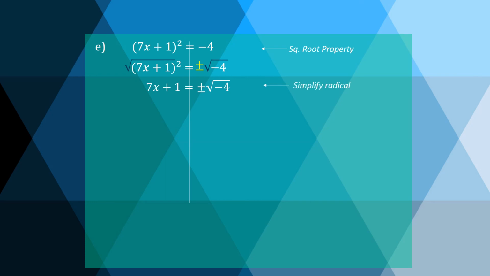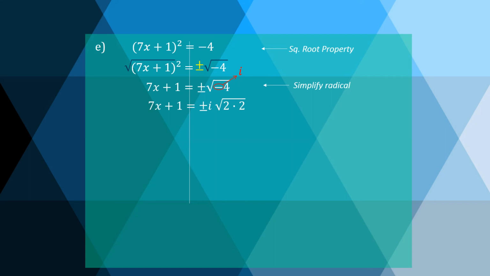But first, what do you notice is under the radical? There is a negative, which means what letter just got introduced? I. So I is now involved. We've taken care of the negative. Now we need to factor what's under the radical, which means our equation is now 7x plus 1 equals plus or minus I times the square root of 2 times 2.